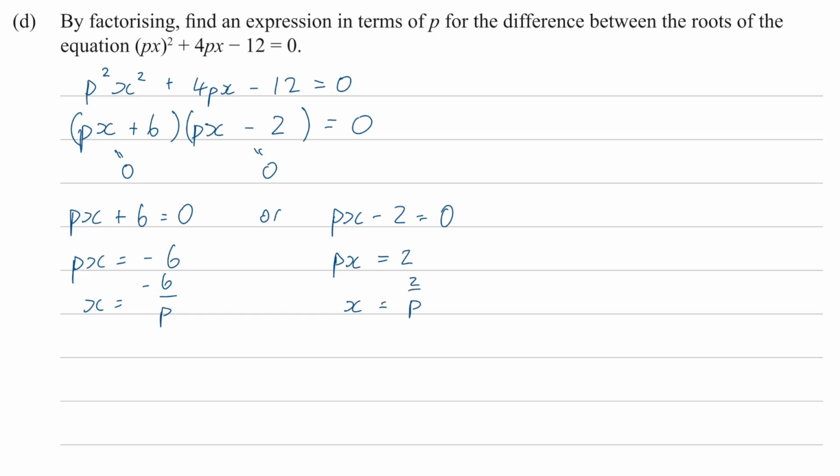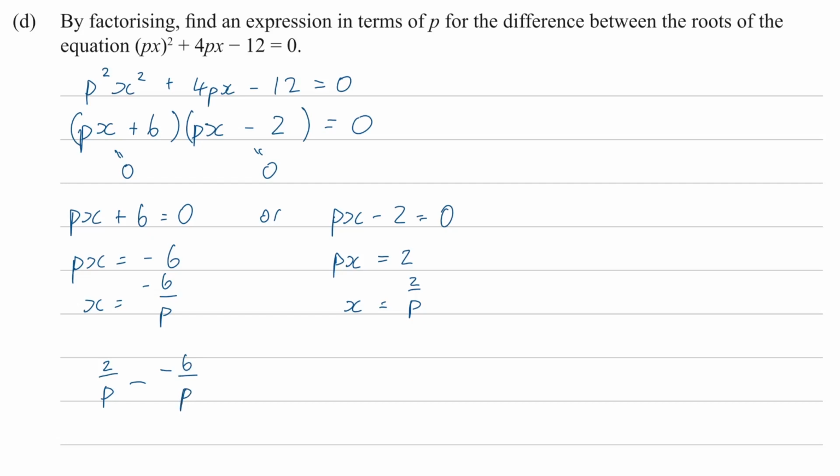Right, so we've solved for the roots, or the solutions, or the intercepts. But we're not done. We need to find the difference between them. So finding the difference between two numbers, let's take the larger positive number, 2 over p, and subtract the smaller, in this case the negative number, minus 6 over p.